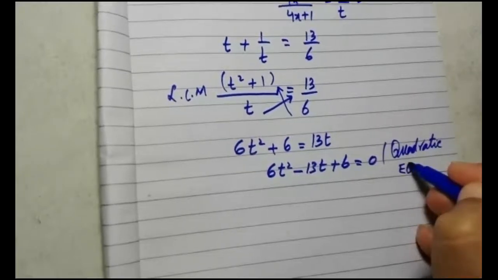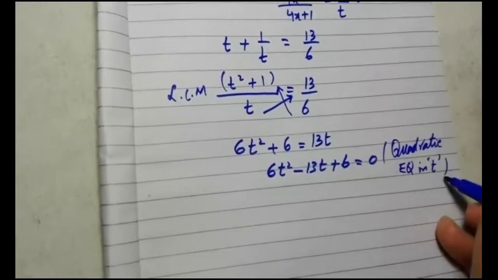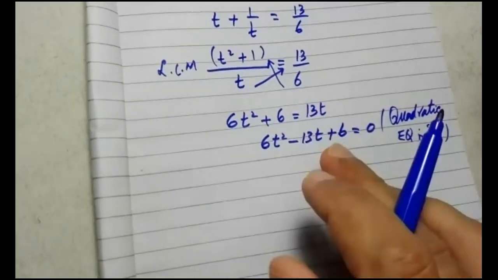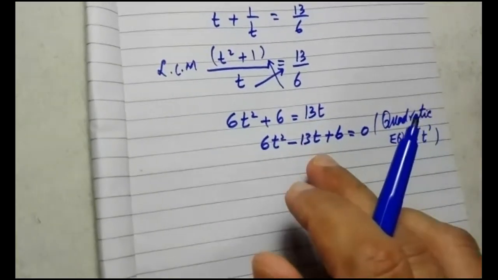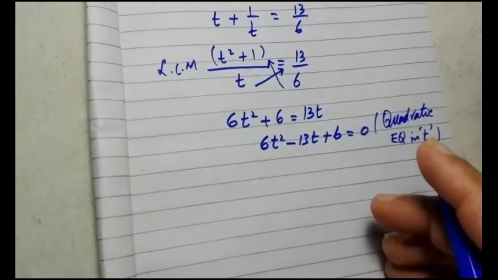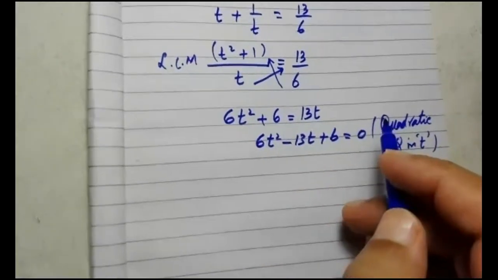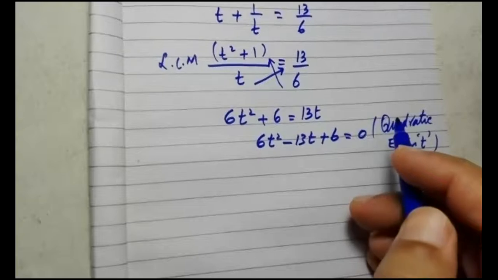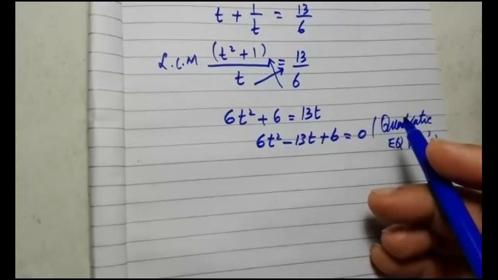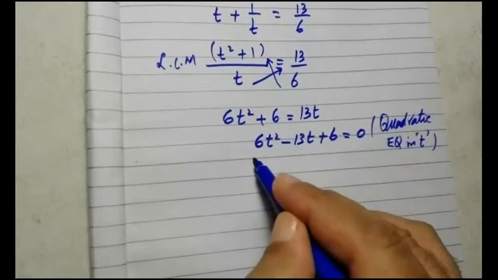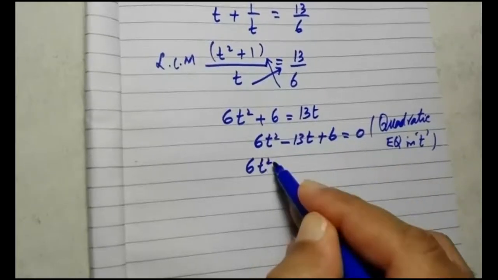Now, I told you yesterday that it is your choice, you can do it in two ways: either by midterm breaking or by the quadratic formula. Whatever is possible, you should go for the simplest way. So you should do it by midterm breaking.